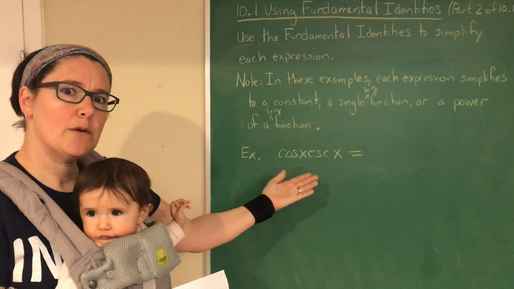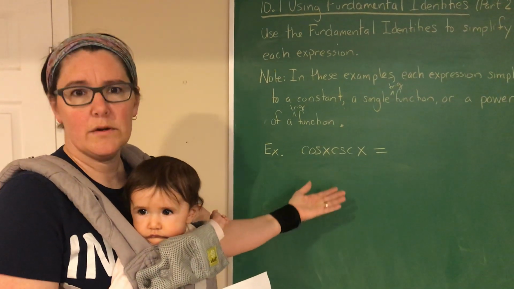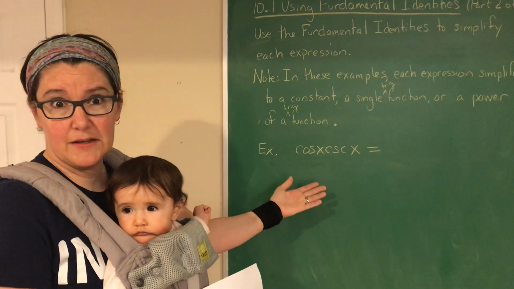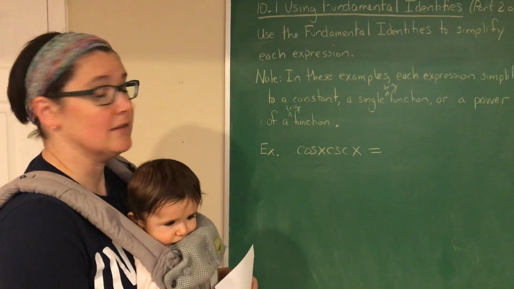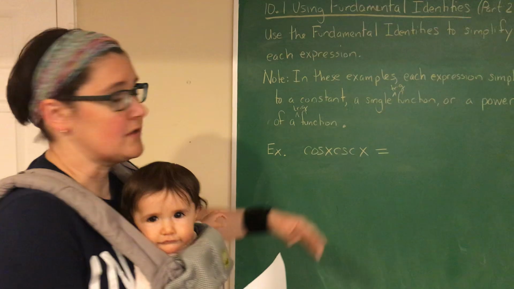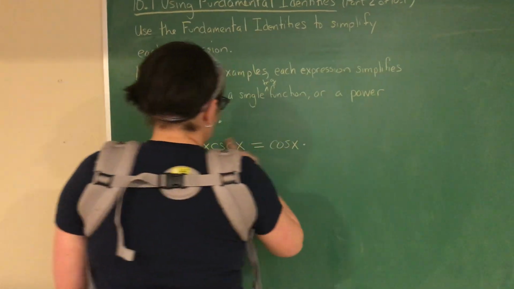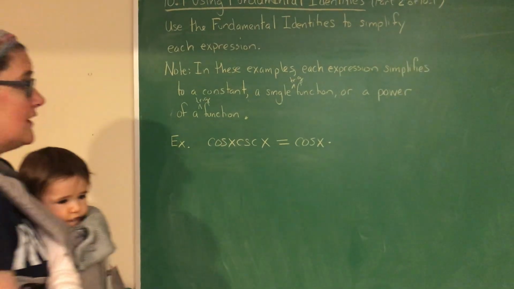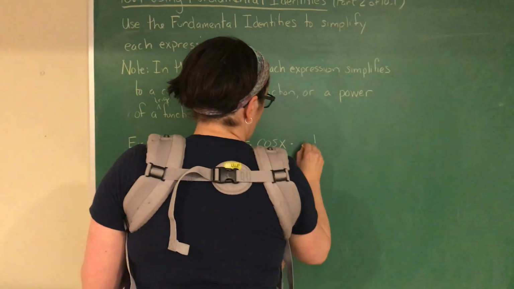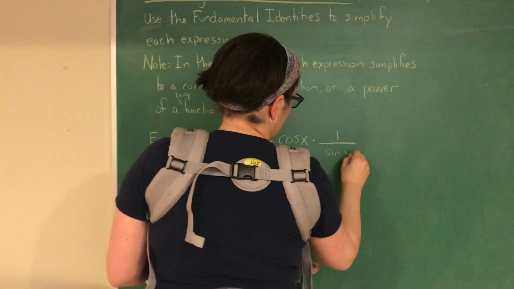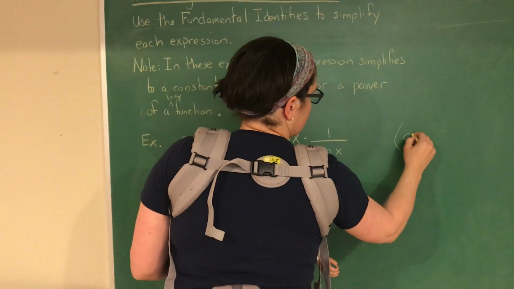If you have no idea where to start, one way to start is by turning everything into sines and cosines. Well, here I already see a cosine of x, so I'm going to write that down. And cosecant of x is the same as 1 over sine of x.